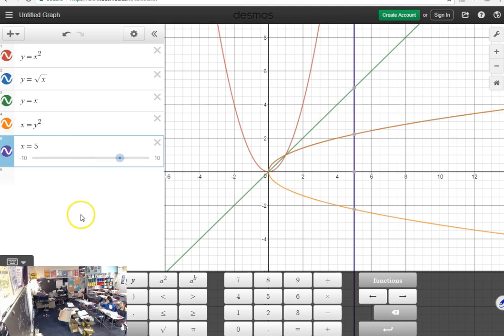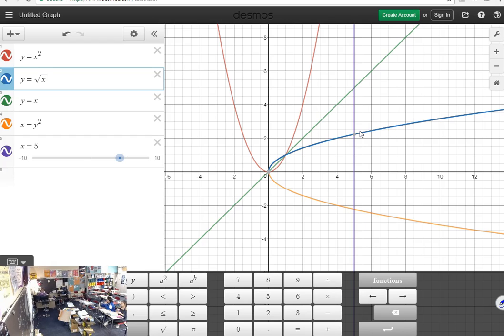Which one, the blue and yellow? One has a square root, one has a square. Yellow is the opposite. It's the inverse.